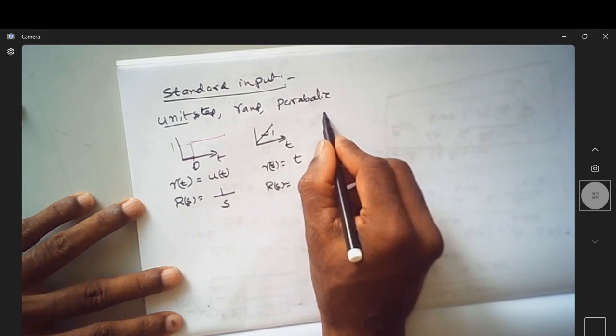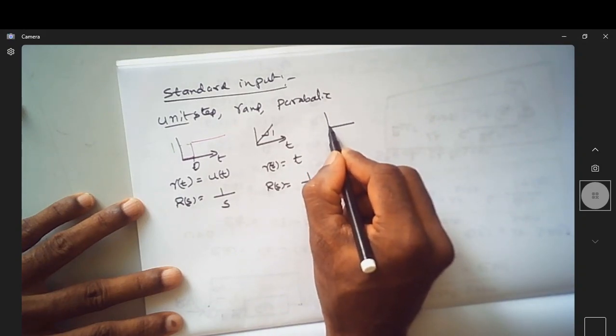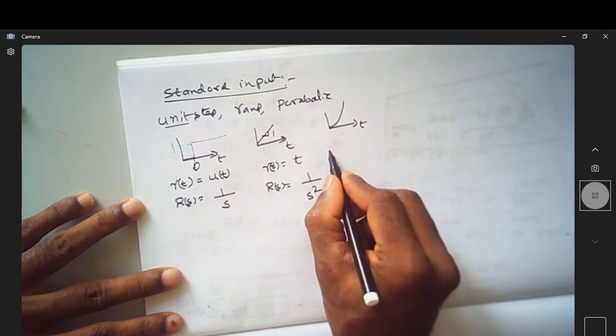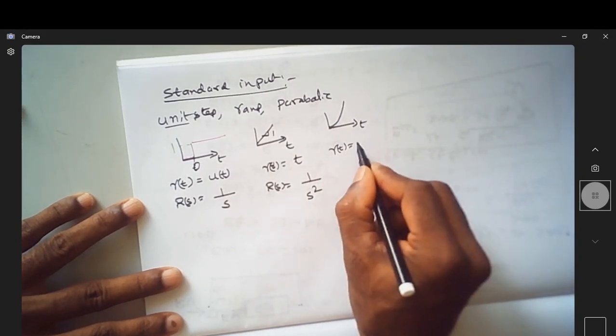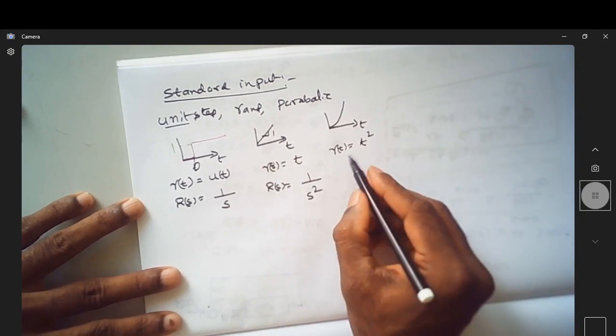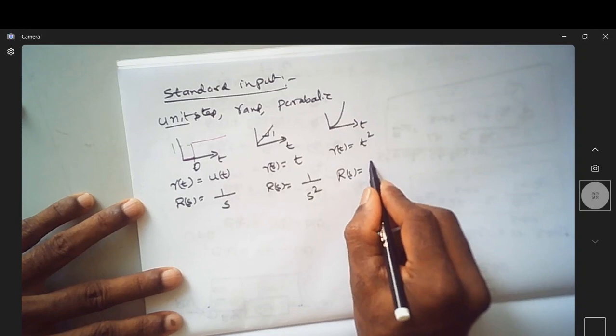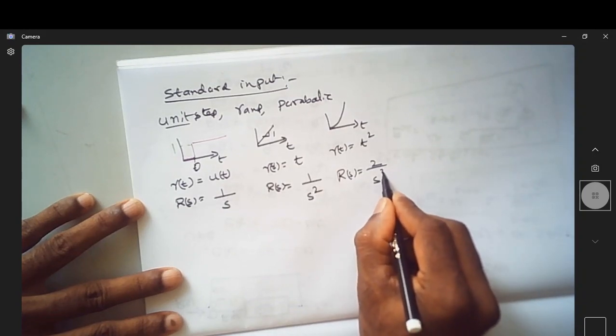Similarly, we have the parabolic input, which goes like this, with respect to t. Now r(t) is taken as t square. If it is t square, we know that the Laplace of that is 2 by s cube.